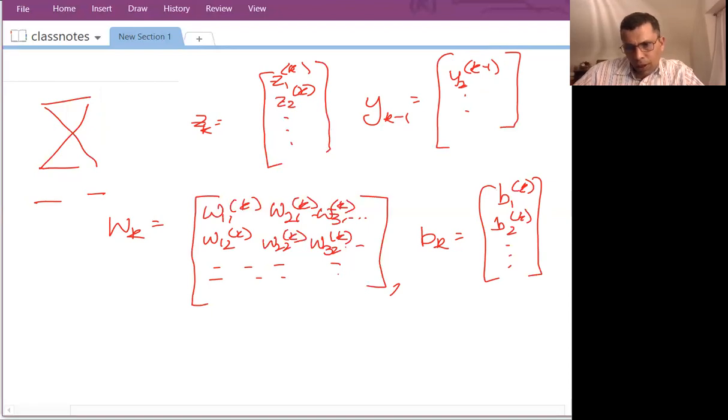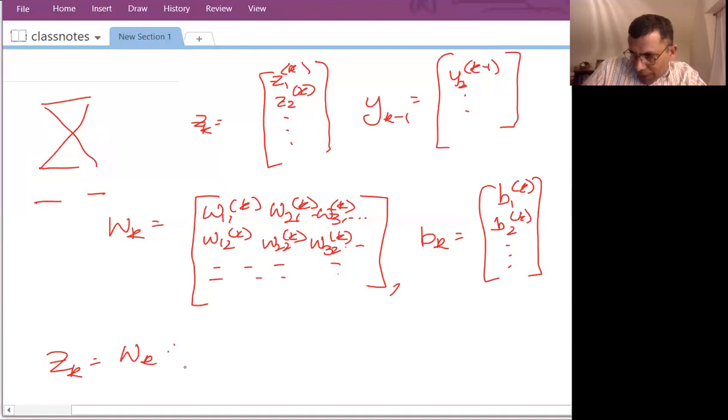Now, when I write it like this, then we can just write zk equals wk times yk-1 plus bk. Now you can see why this will work.